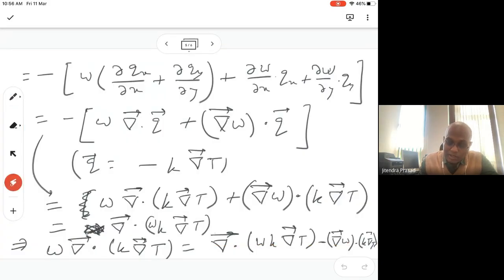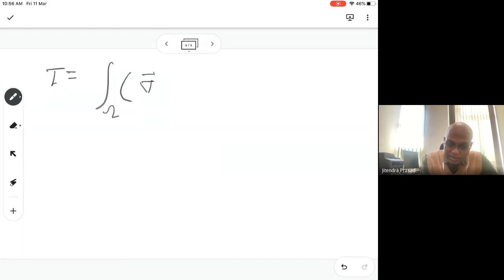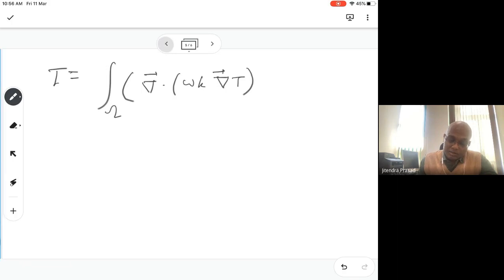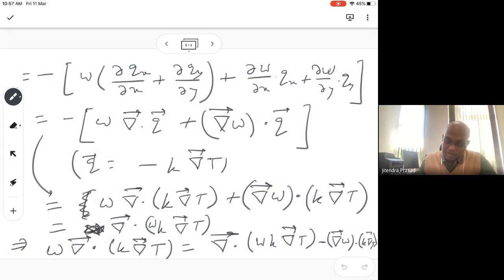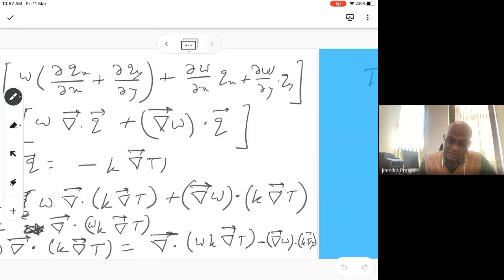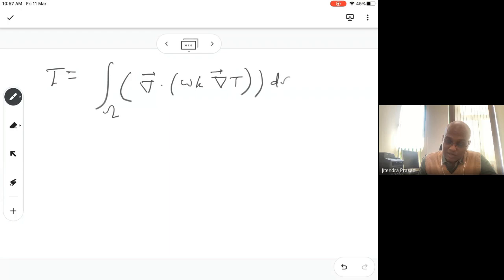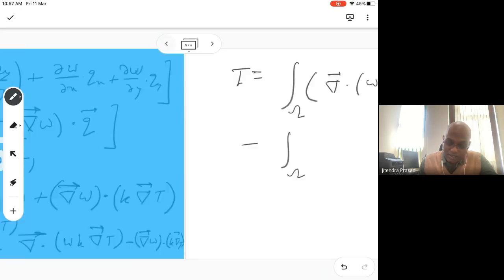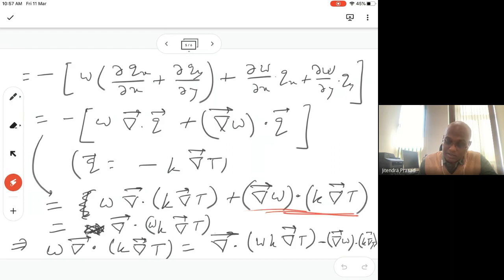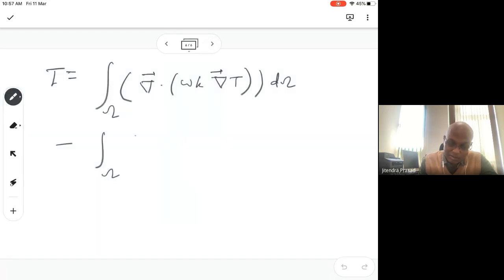So del dot w K gradient of T, that is del dot of w K gradient of T, d omega, minus the second term, which is this one, gradient of w dot K gradient of T d omega.